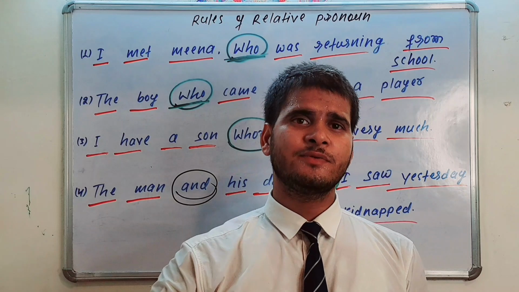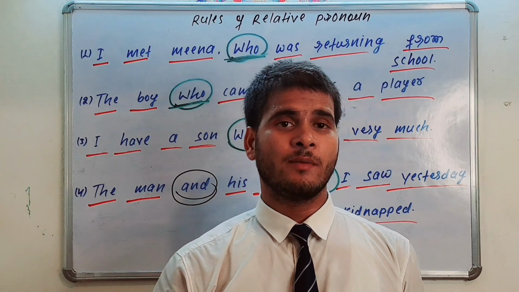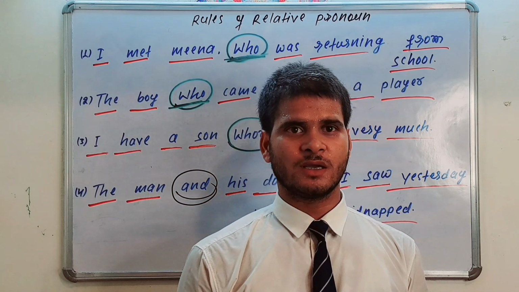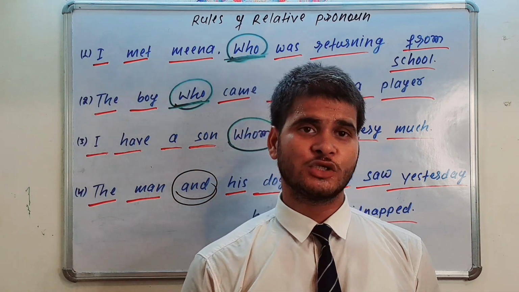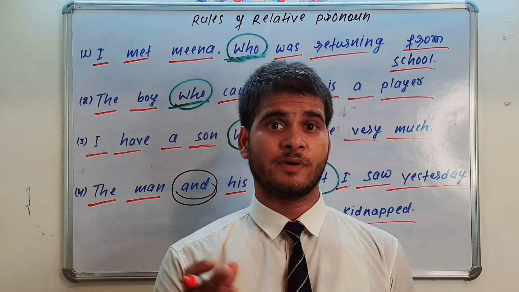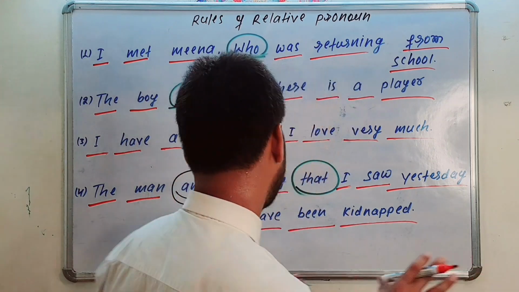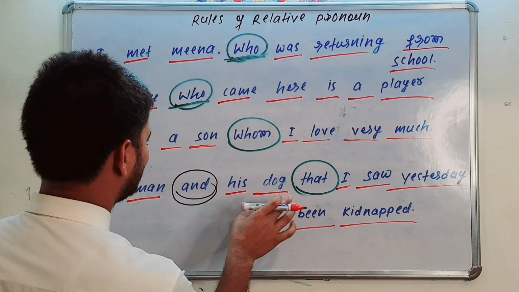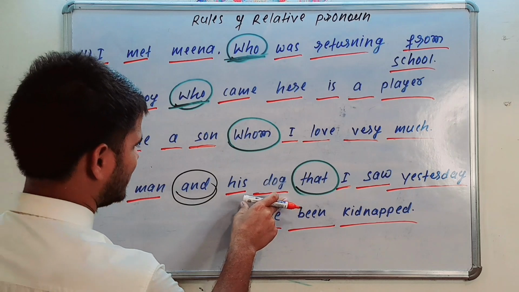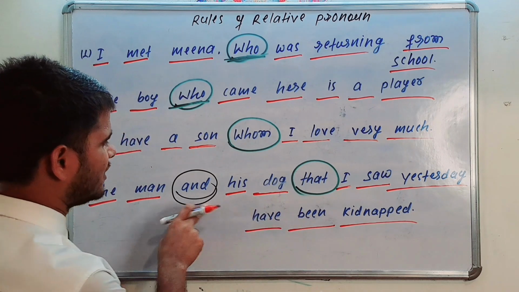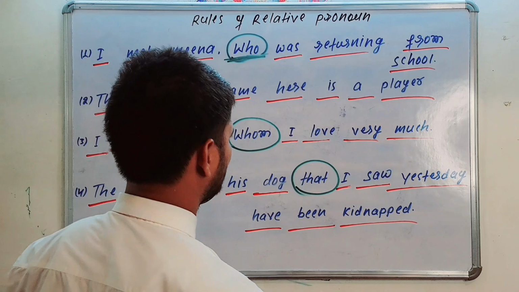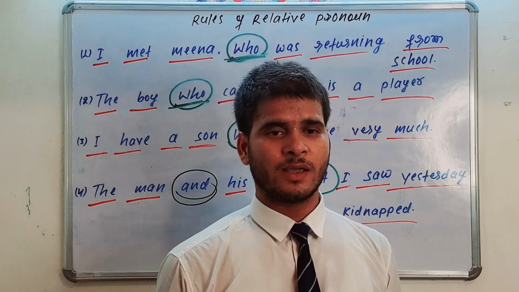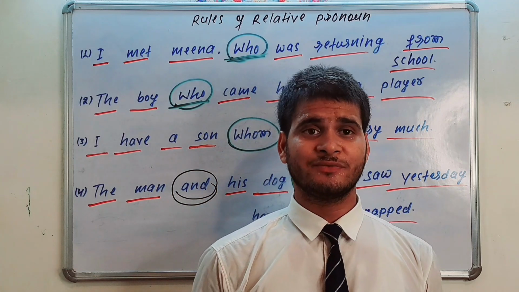Again, see here: if two antecedents, the man and his dog, are used by joining the conjunction and, then after that this relative pronoun is used. You have to use all these rules while speaking. Okay, now let's see the next rule, that is the fourth rule.